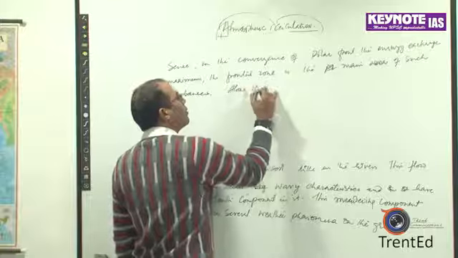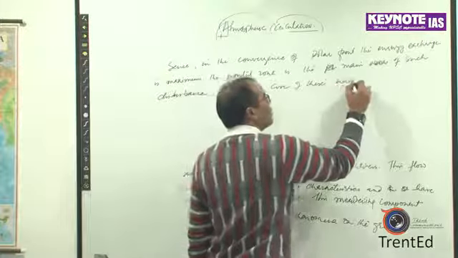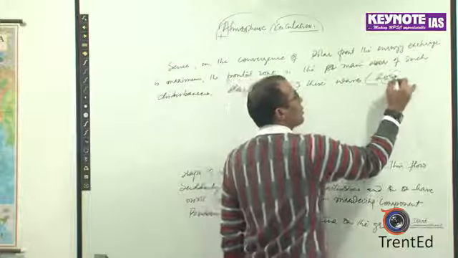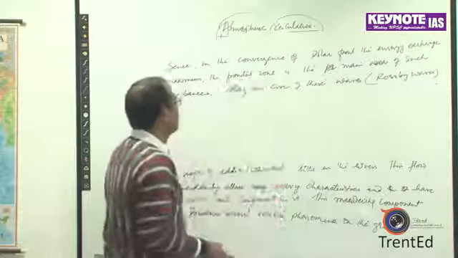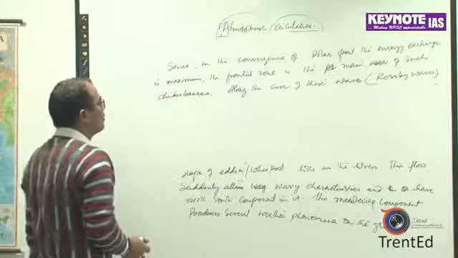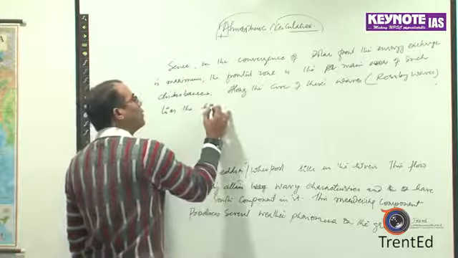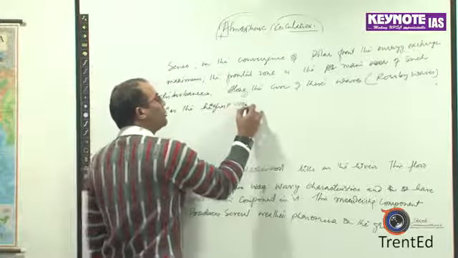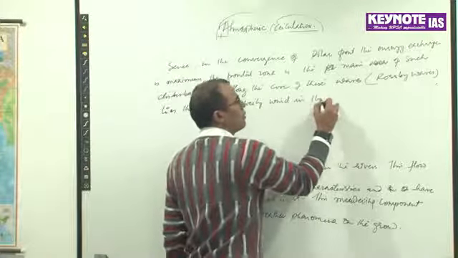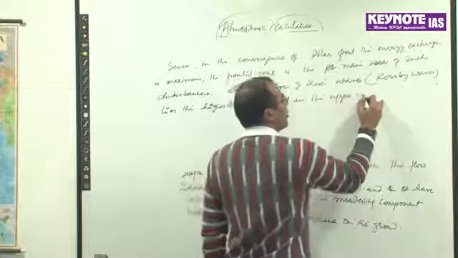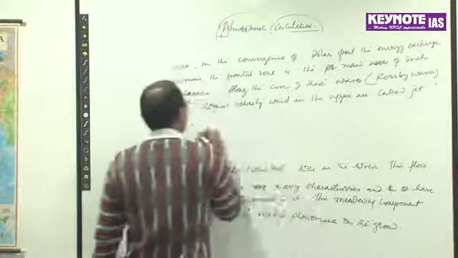Along the core of these waves lies the highest velocity wind in the upper air, called jet streams.